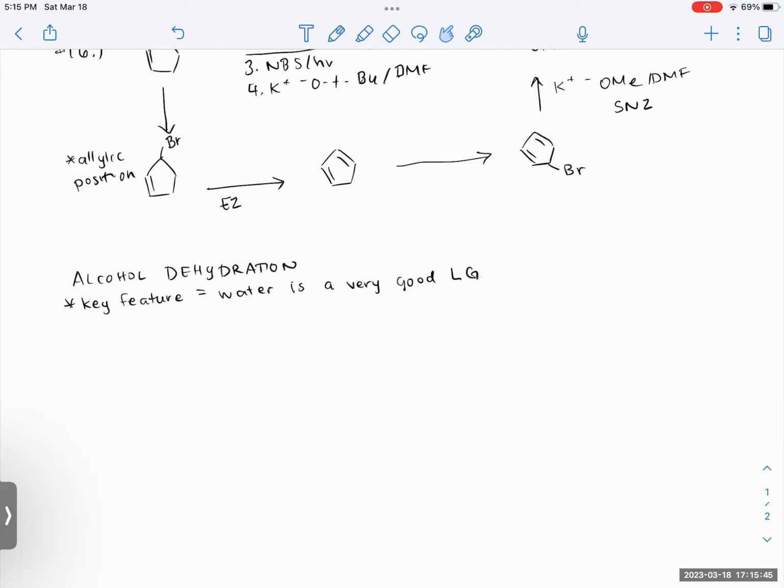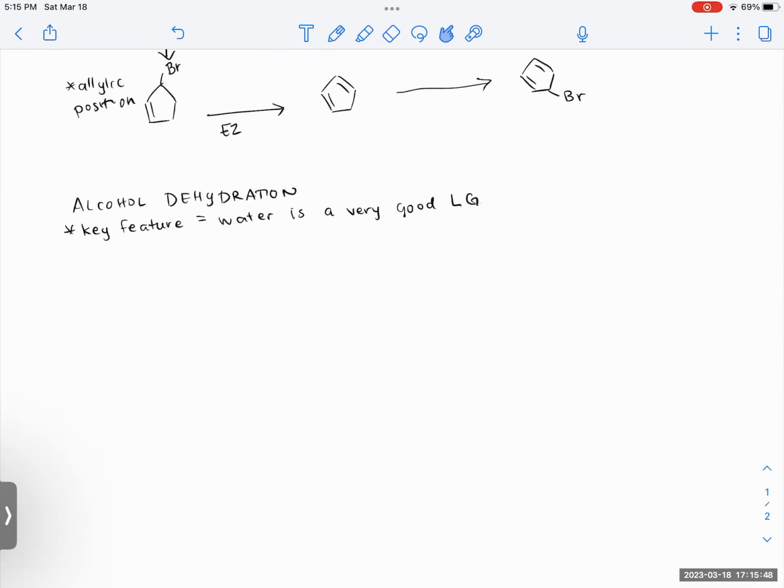So when we see, say, something like this, I chose this one because it was not as simple. When we see an alcohol group like this, and we're going to react it with concentrated H2SO4, which is an acid, and heat, right?